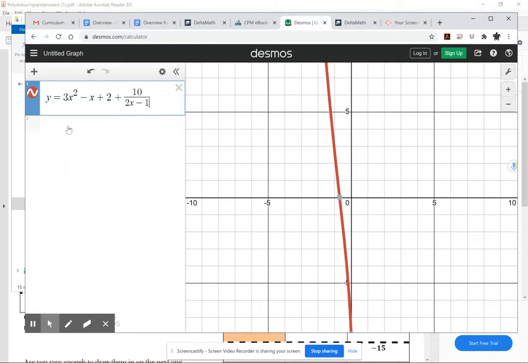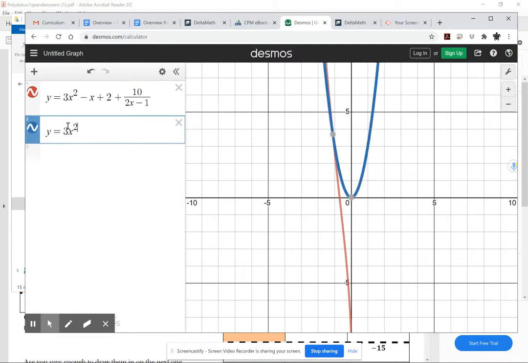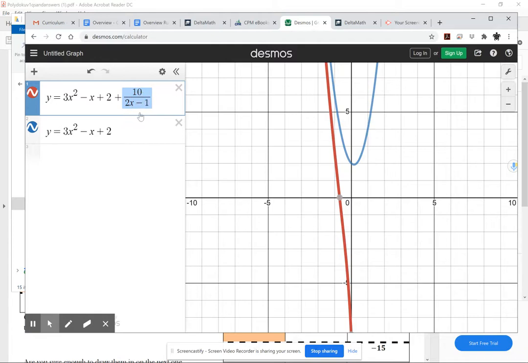Just to show you what the parabola I had before looked like, 3x squared minus x plus 2. It doesn't look that much like that parabola. However, let's think about what the difference is here. The difference is just this part, 10 over 2x minus 1. Well, what's true of this?